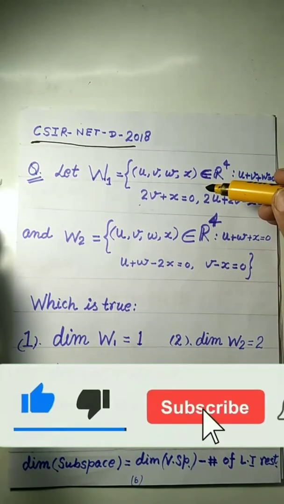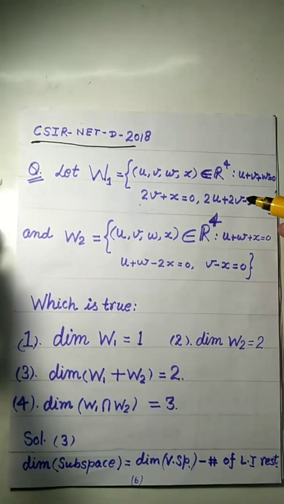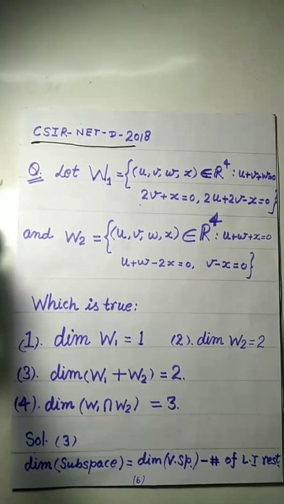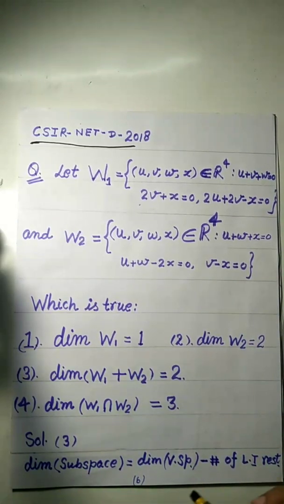There is a rule. If we want to obtain dimension of vector subspace, we will treat the whole subspace as vector space and follow the rule, or we will use this formula. Dimension of subspace will be dimension of vector space minus number of linearly independent restrictions.